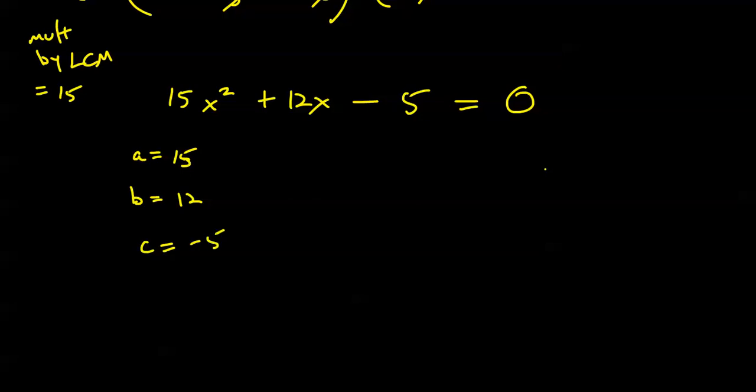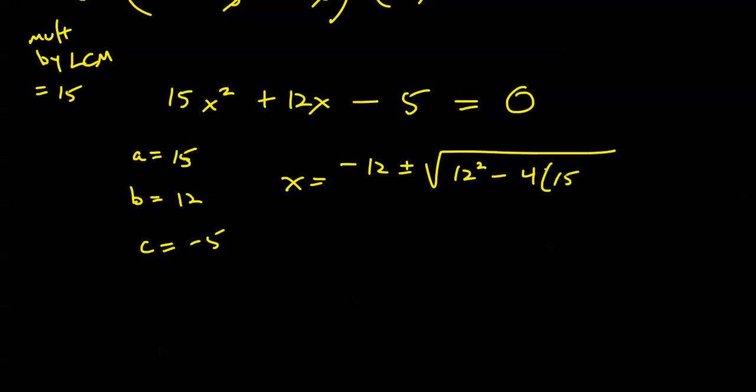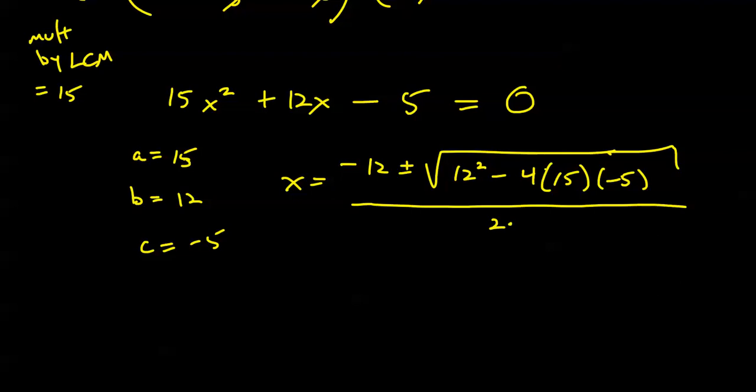So, the quadratic formula says x equals minus b plus or minus the square root of b squared minus 4 times a times c, all over 2 times a.